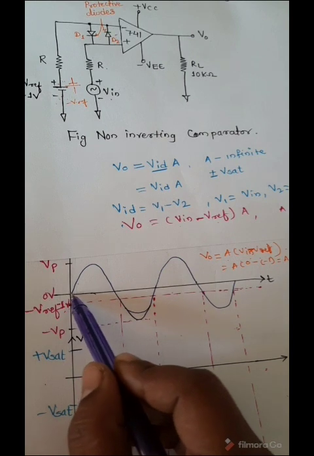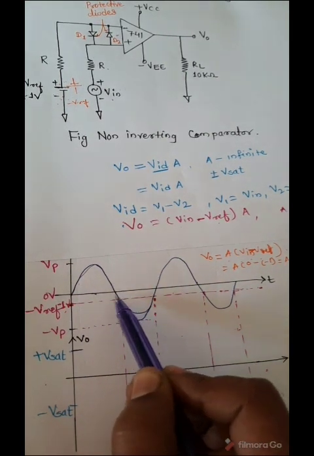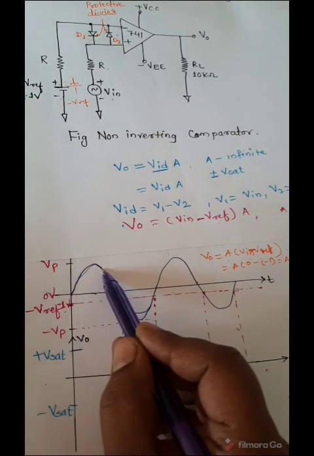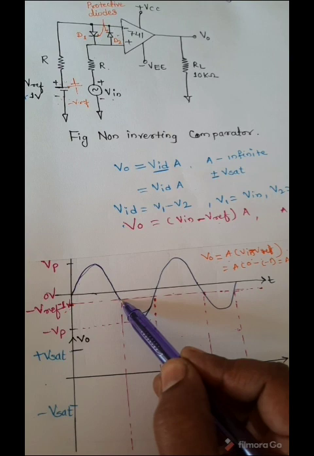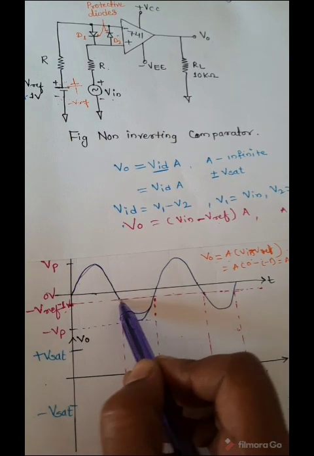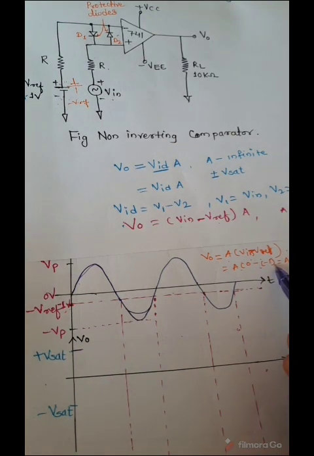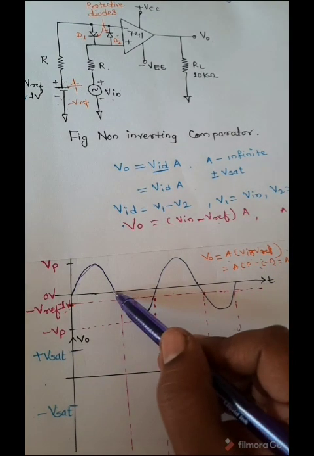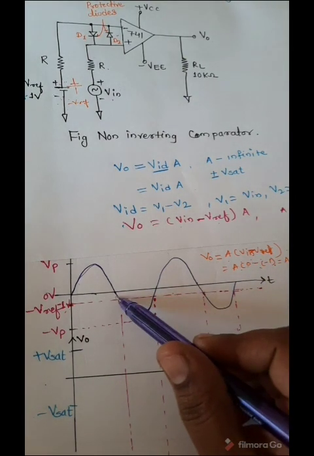Now we can see that for this total portion, all the positive half cycle of the sinusoidal signal and some part of the negative half cycle which is greater than the reference voltage, for all these values the equation will remain the same, because V in is also positive and this will give us minus of minus, plus.